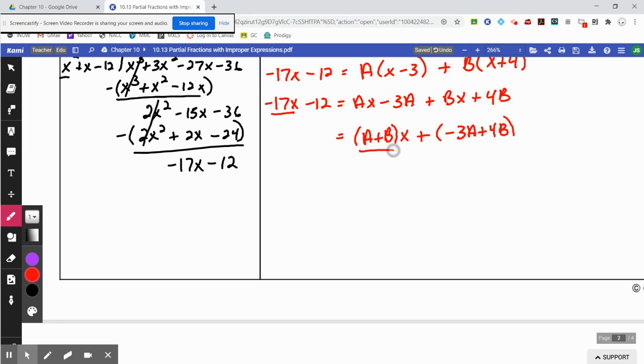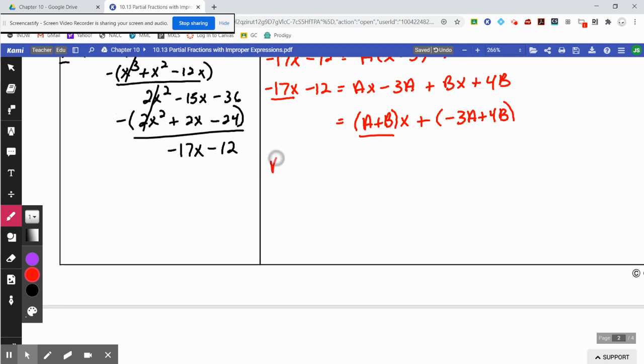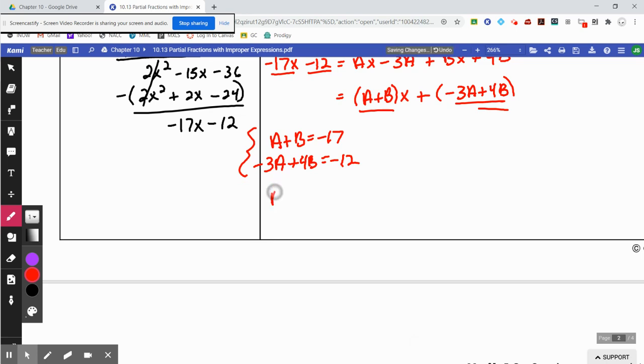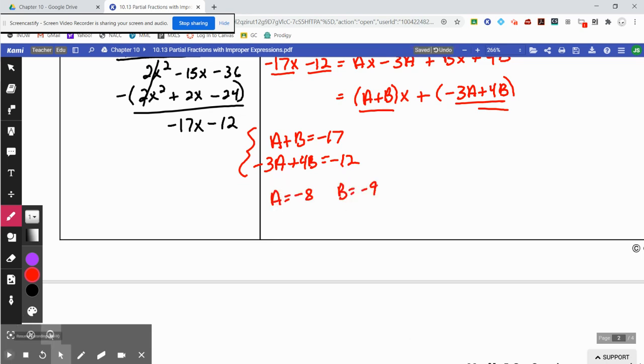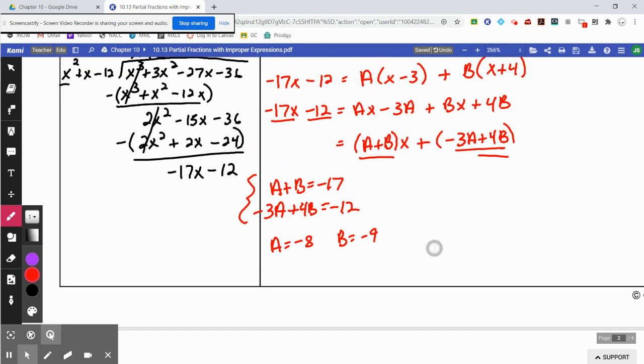Let's now pair these, and that tells me that a plus b has to be negative 17, and negative 3a plus 4b has to equal negative 12, and that is your system. Solving the system, you find out that your a value and your b value are negative 8 and negative 9.